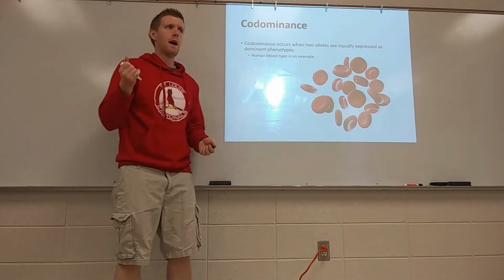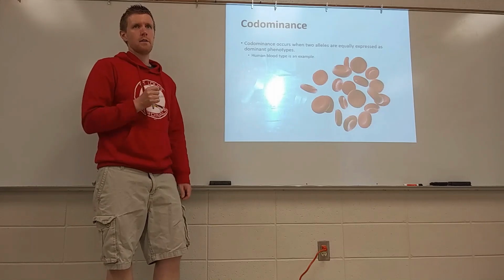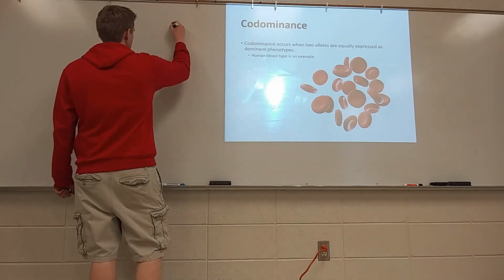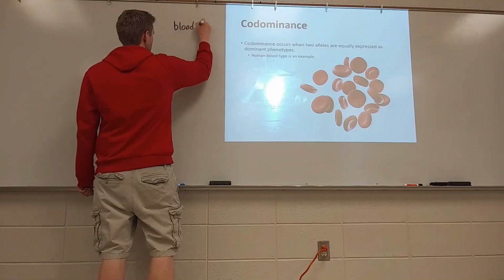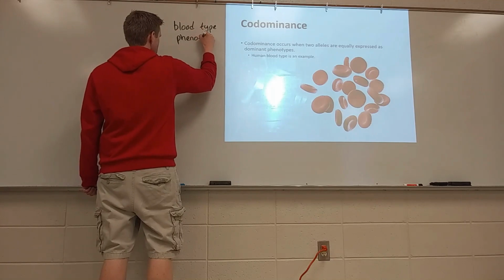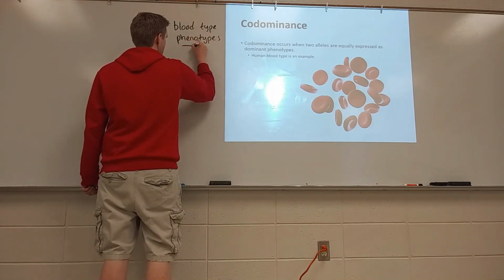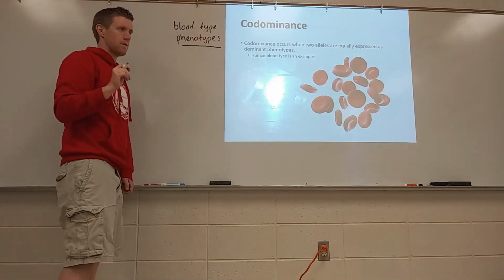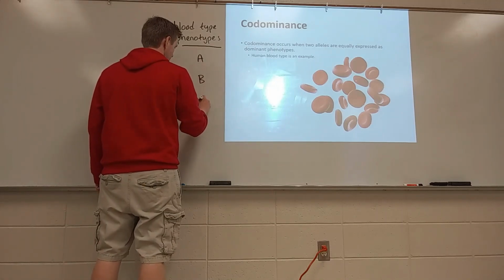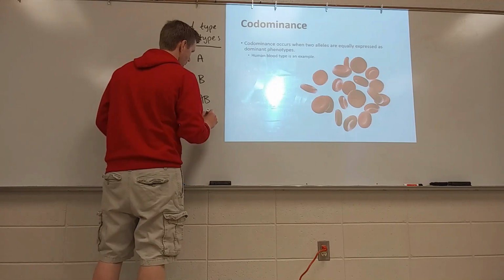We're just going to look at the lettering for blood types, A, B, and O. So in terms of the actual blood types, they're the phenotypes. There are 4 of them. A, B, AB, and O.